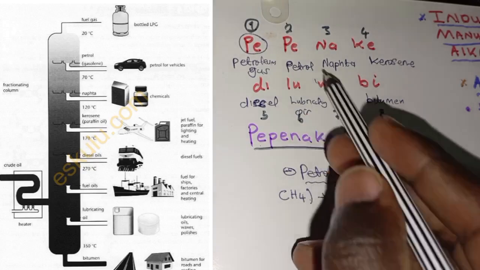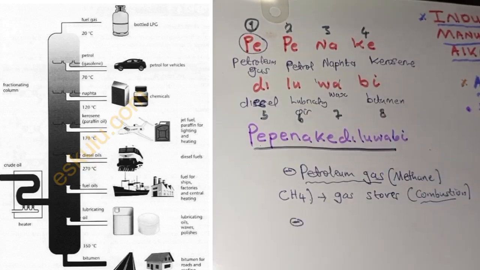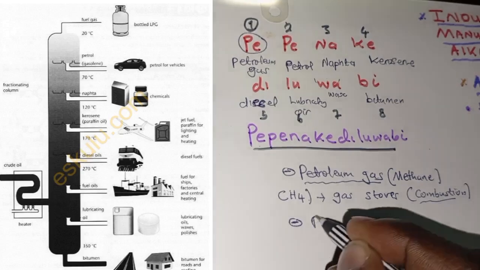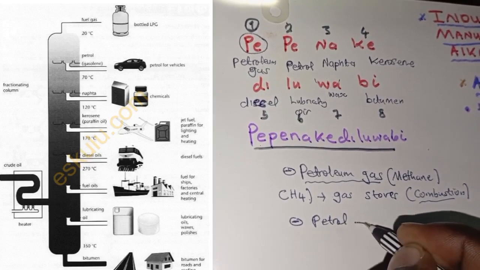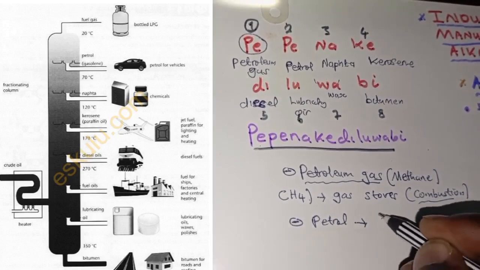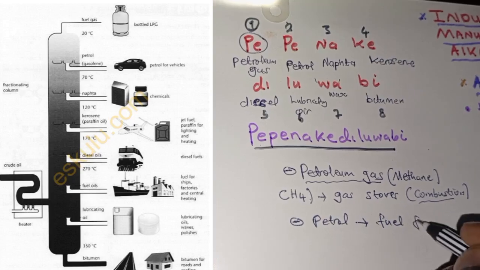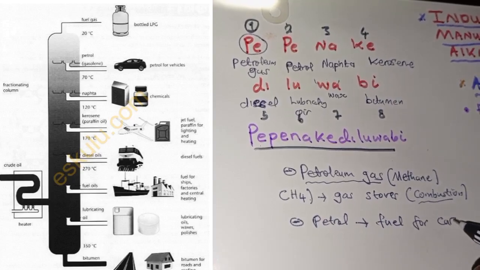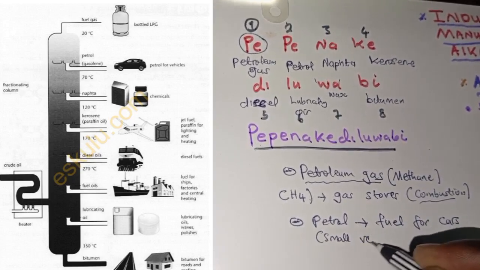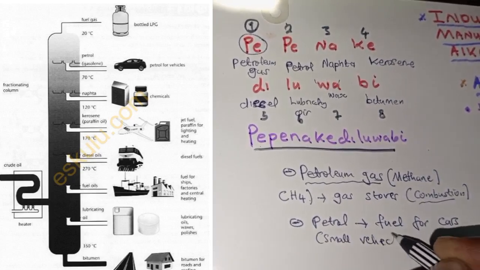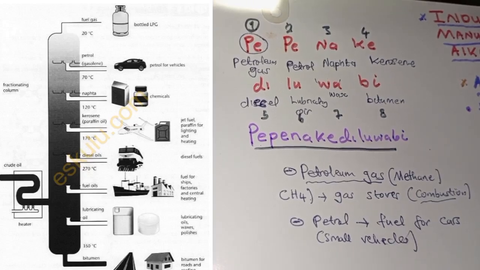Then we go to the next one, which is petrol. Petrol is actually fuel for cars, especially small vehicles that we use for our own transportation and personal cars. So you must know the uses.